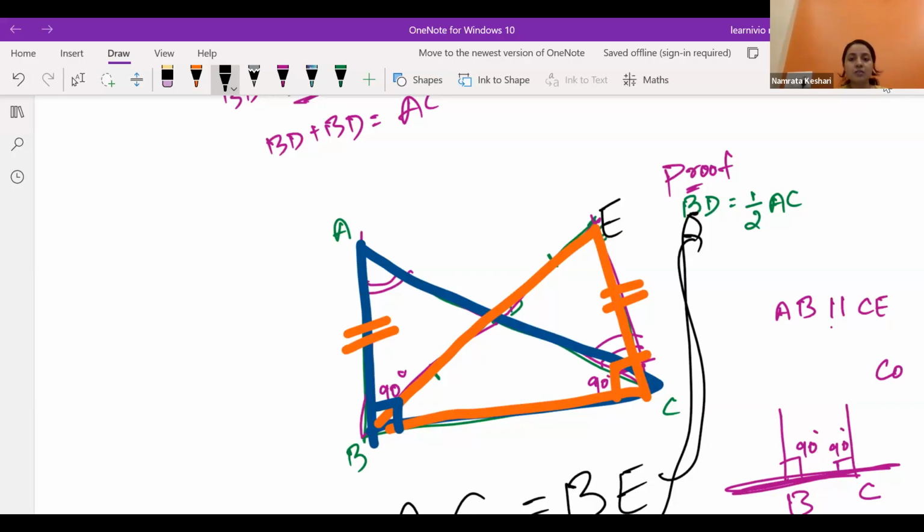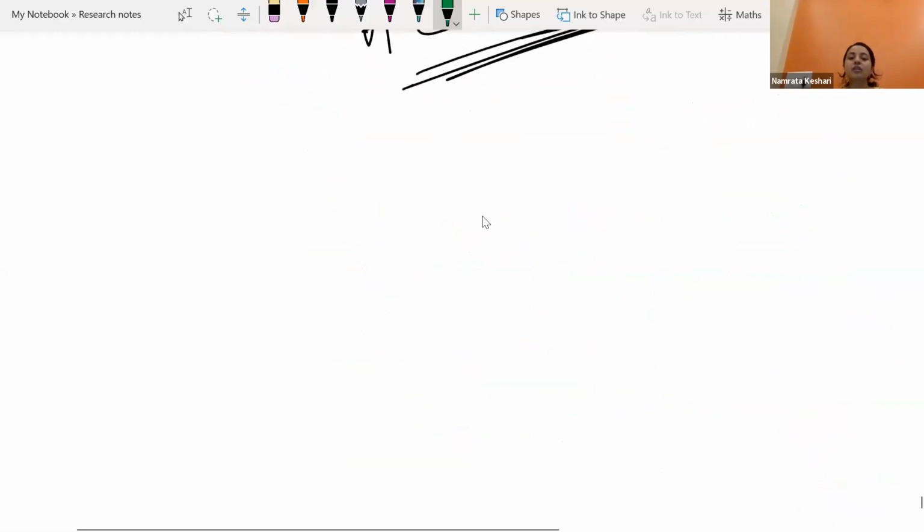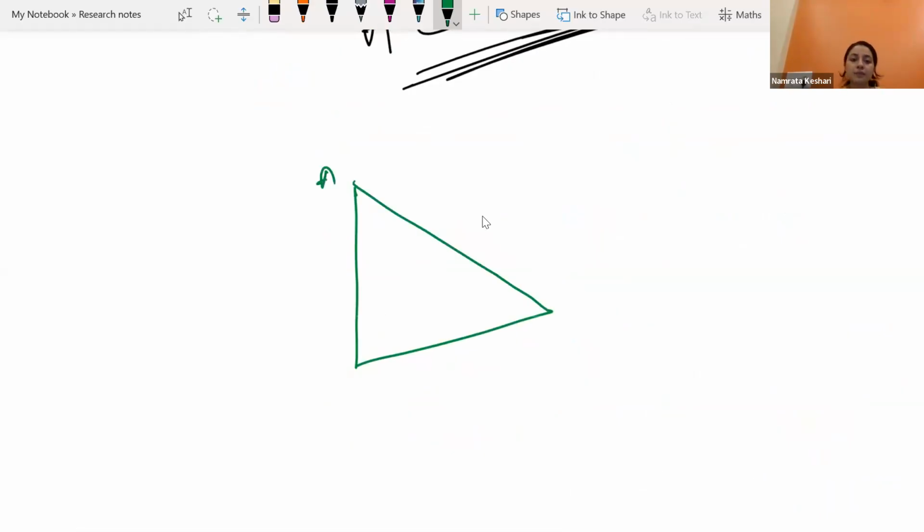Okay, so let's check why we have not proved it initially. Suppose we were having a triangle ABC, and here we were having 90 degrees. This was the midpoint D, and BD we have joined. That time only, why have we not proved it?